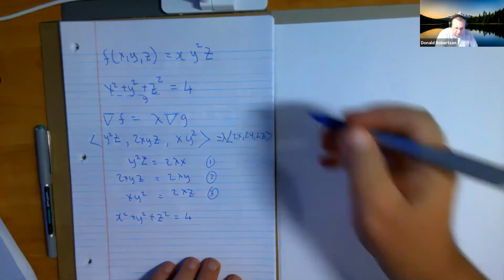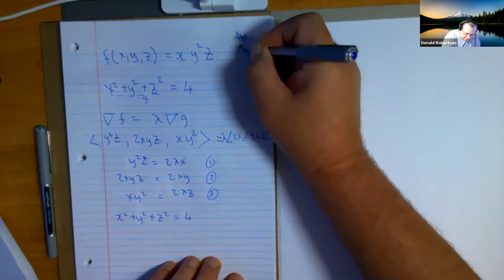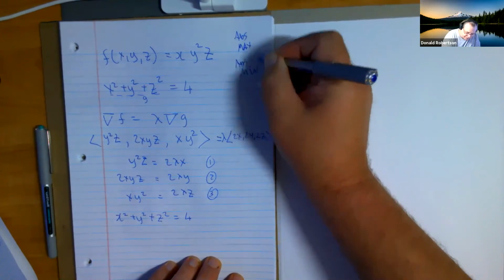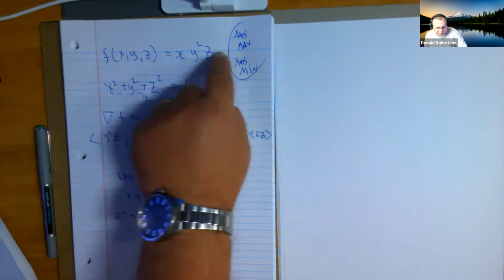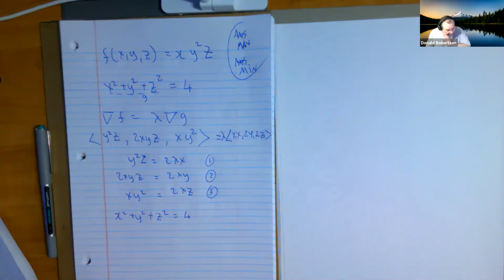So we are being asked to find the absolute max, absolute min, right, of this function subject to that constraint. Okay.